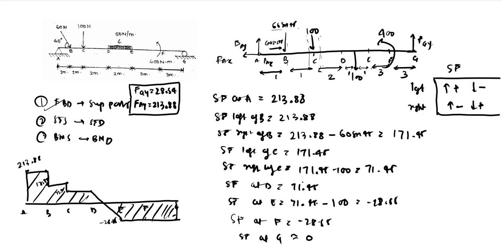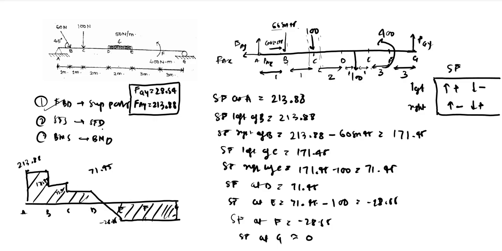And if you observe this here, we have 71.45 and minus 28.55. So at D we have 71.45, and it is decreasing because of the downwards UDL, and it is going up to minus 28.55. So somewhere in between it should go to zero, right?